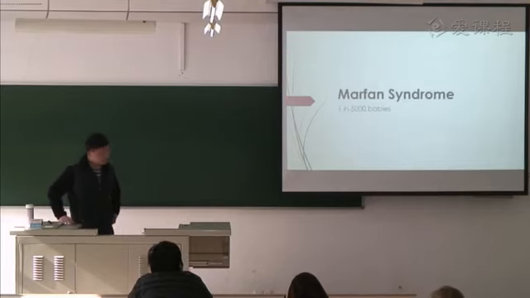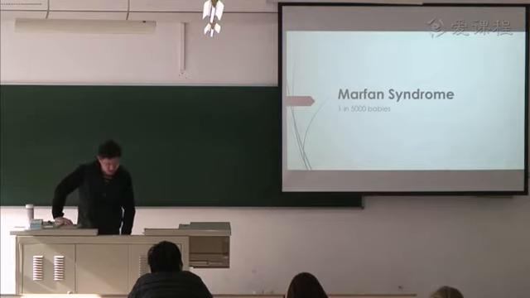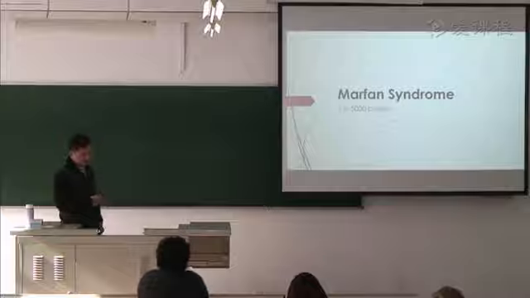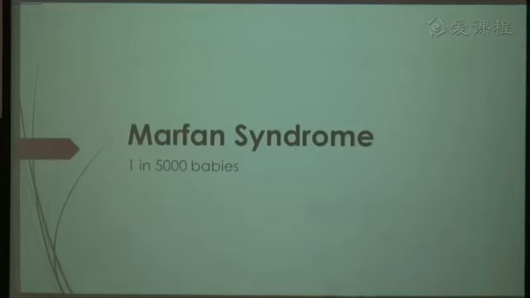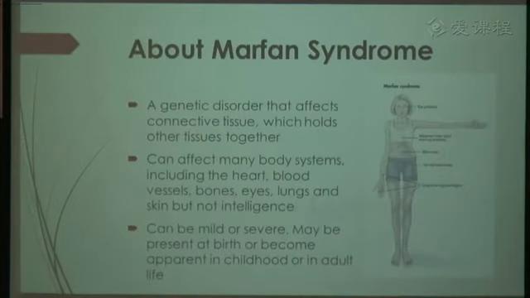The second one is Marfan syndrome. You probably already know this. The occurrence of this is 1 in every 5,000 babies. It's a little bit less frequent than Down syndrome. Basically, it's a genetic disorder that affects the connective tissue, which holds other tissues together.